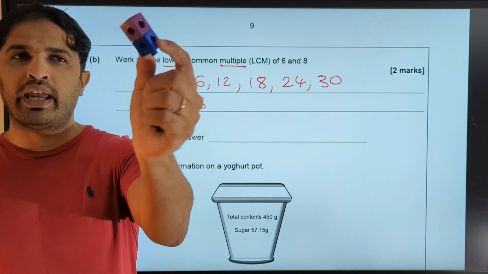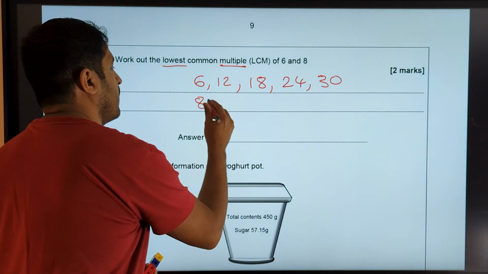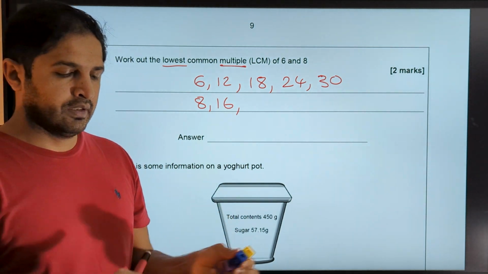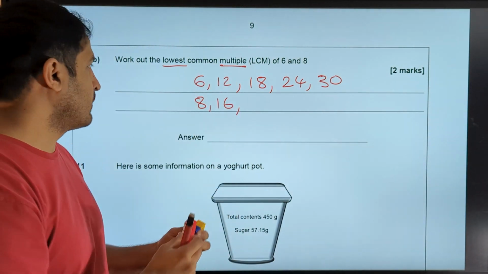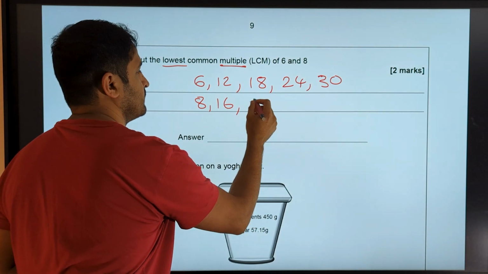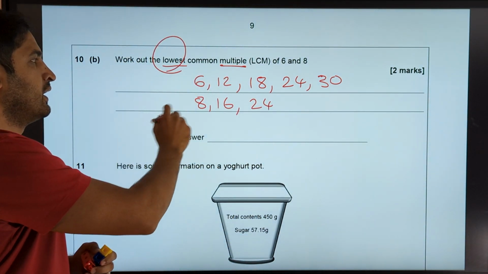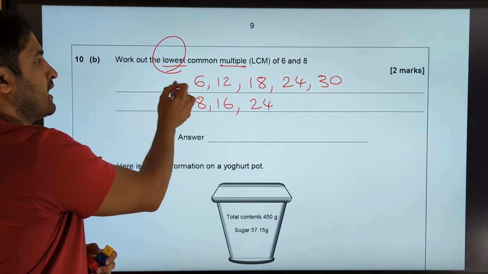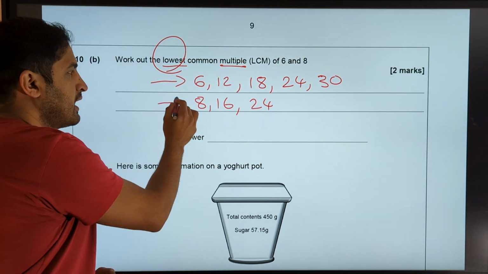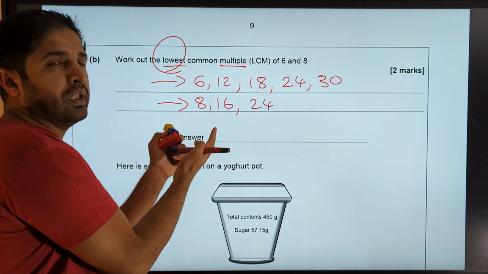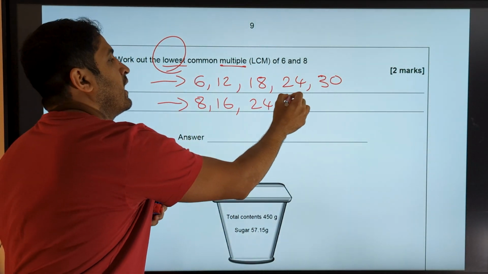So if you have 2 8s, that will be 16. If you have 3 8s, that would be 24, and so on. So now we're looking for the lowest number that's common in these two multiples. These are your multiples of 6, these are your multiples of 8. The lowest number that's common in both of these is 24.